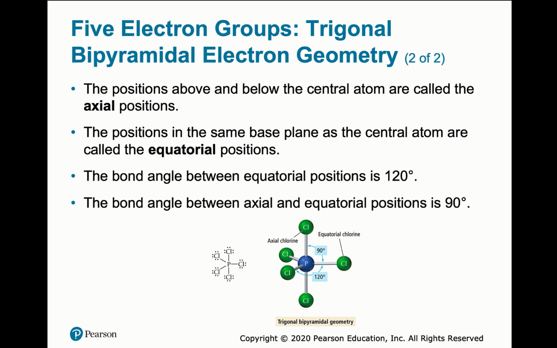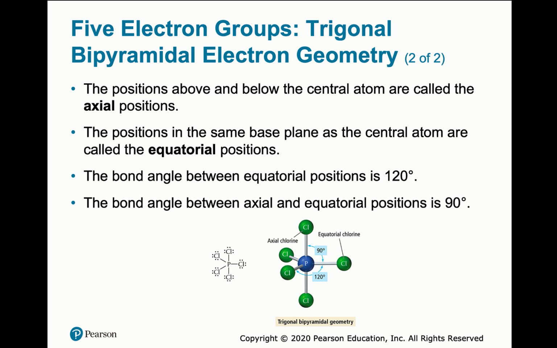The equatorial positions have similar geometry to the trigonal planar, and the axial positions are perpendicular to that. And another fundamental theorem: if you have a plane and a perpendicular bisector, the line is perpendicular at all points along it, at least where it's bisecting.